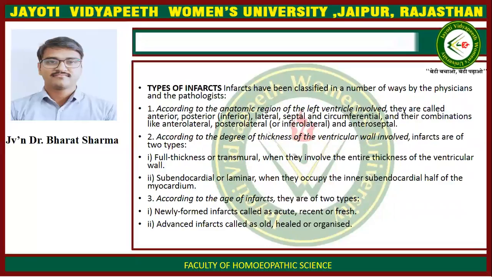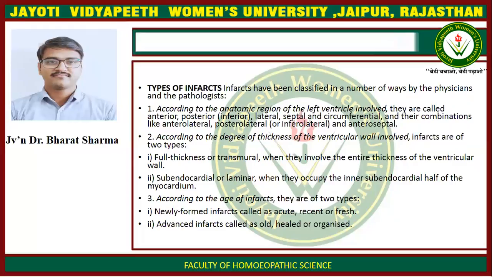Types of infarction. Infarcts have been classified in a number of ways by the physician and the pathologist. First is according to the anatomic region of the left ventricle involved. They are called anterior, posterior, lateral, septal, and circumferential, and their combinations like anterolateral, posterolateral, and anteroseptal. Second is according to the degree of thickness of the ventricular wall involved.